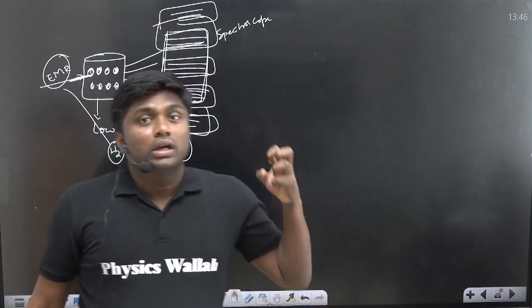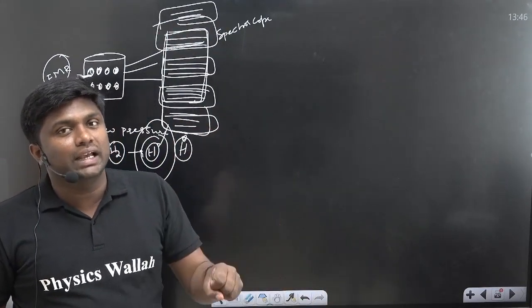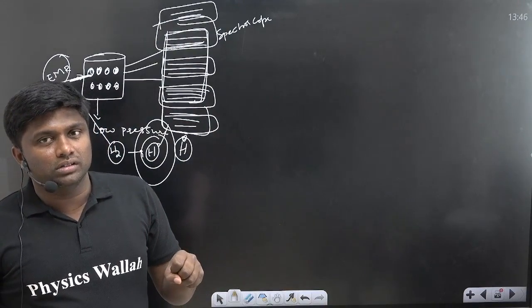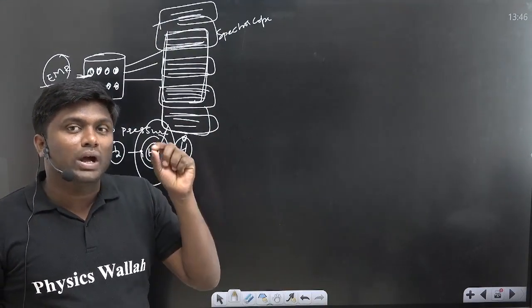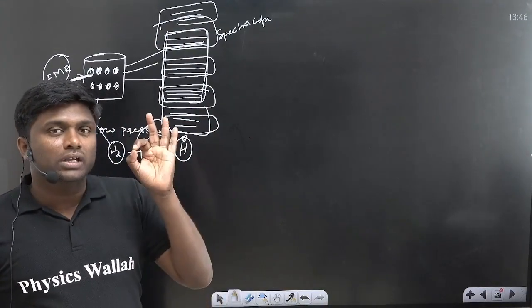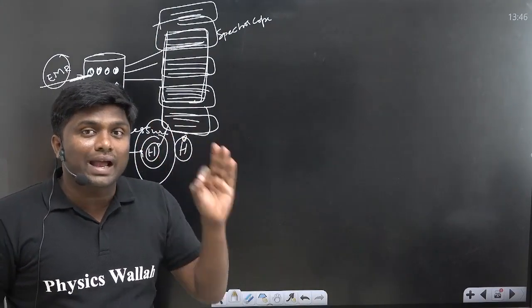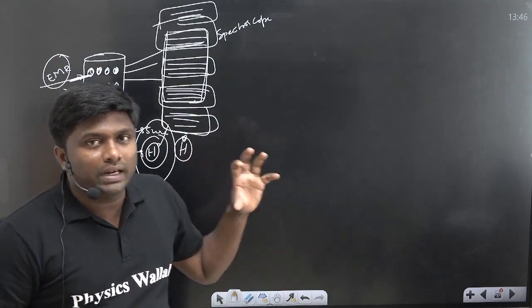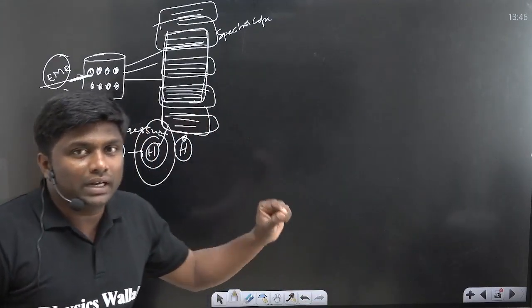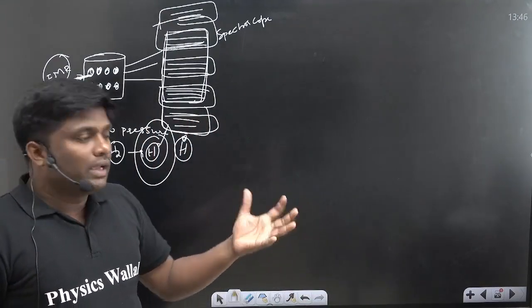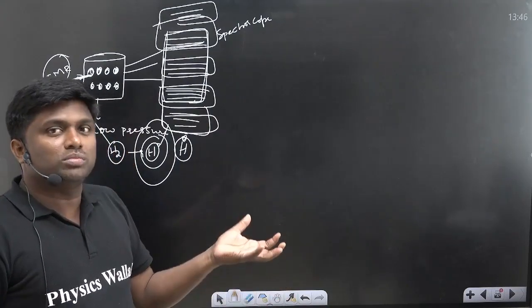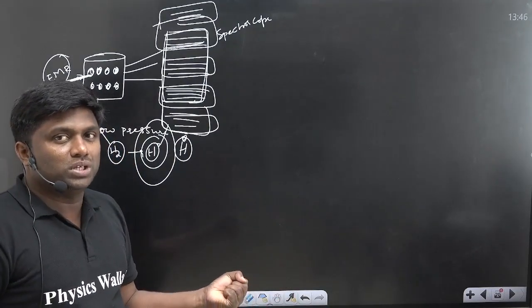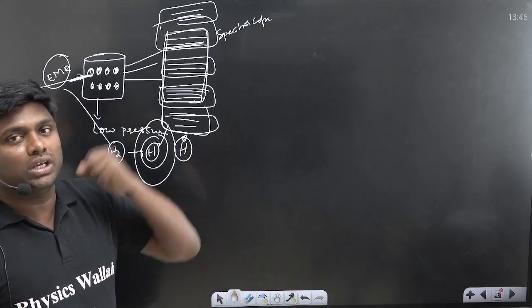That means they have passed the electromagnetic radiation or light through hydrogen gas. In hydrogen gas there are hydrogen atoms, and in hydrogen atoms there are electrons. And electromagnetic radiation is ultimately passed through electrons. The electrons absorb radiation, absorb energy, and jump from the lower orbital to the higher orbital.